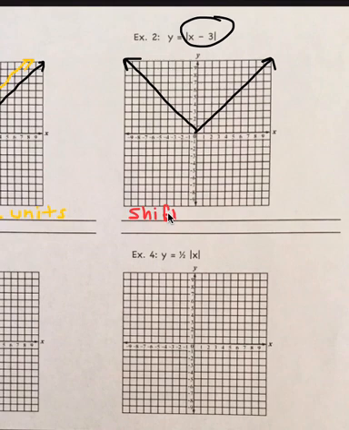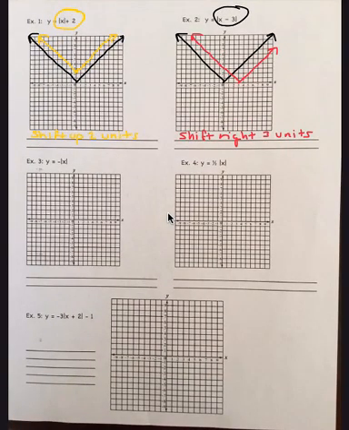Shift right 3 units. So that's when we start at 3, 0. It's going to look like that, and like that. So those are the first two.